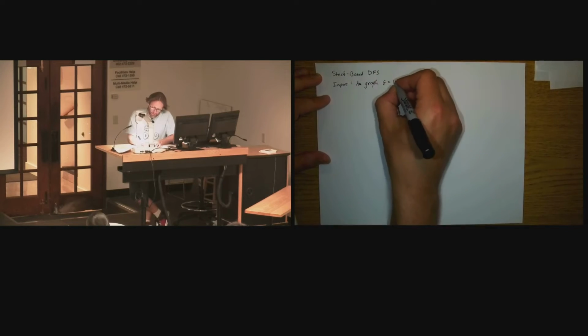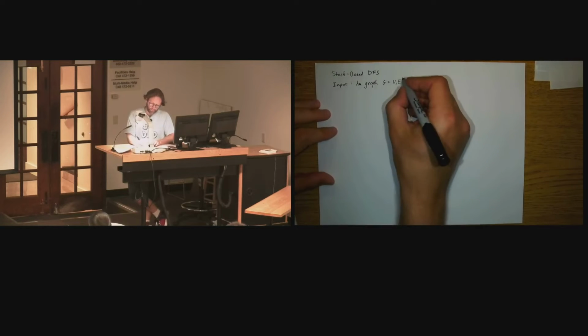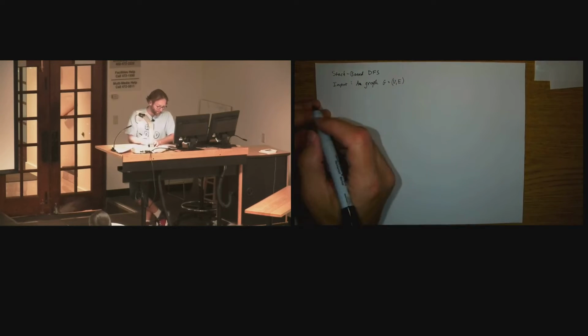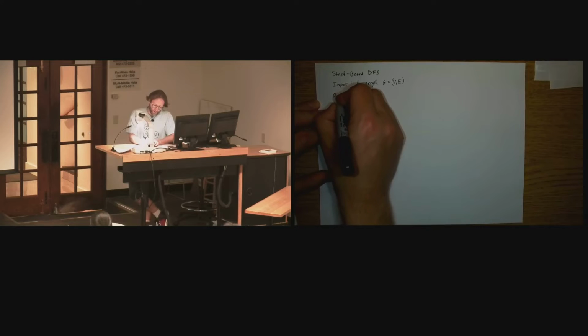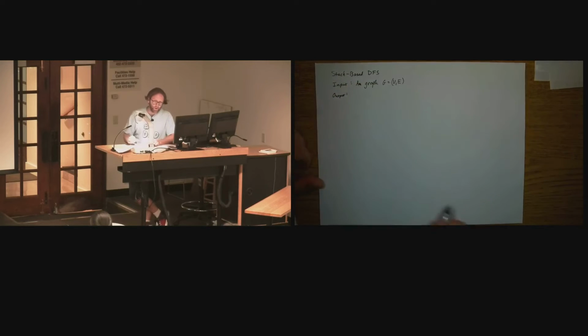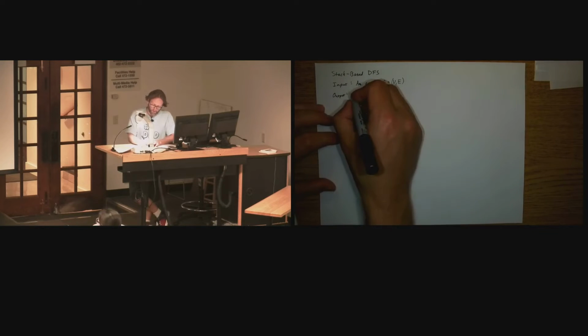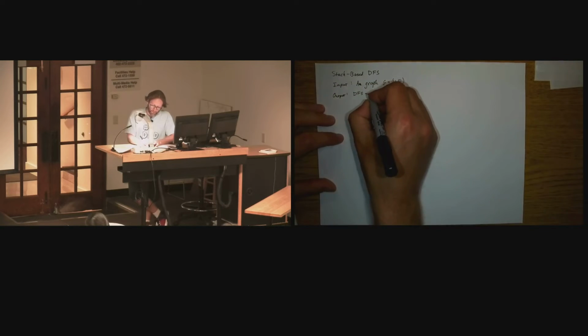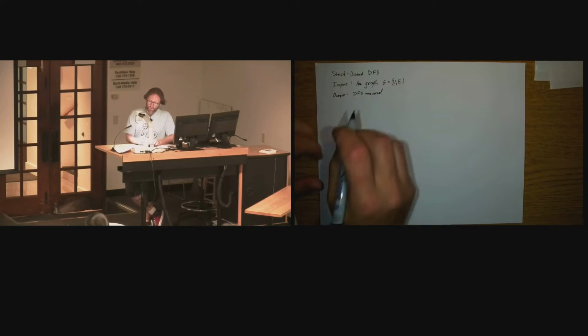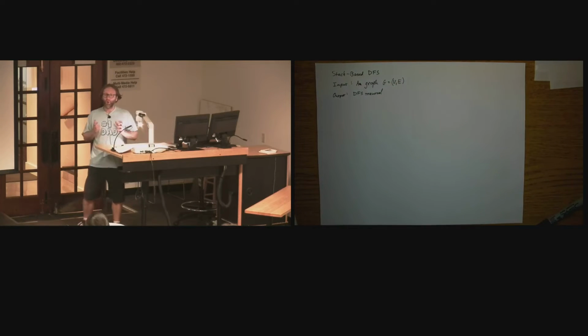G equals V comma E. All right? And our output, well, it really depends on what you're trying to do, but this is going to be very generic. Our output is simply going to be a DFS traversal.